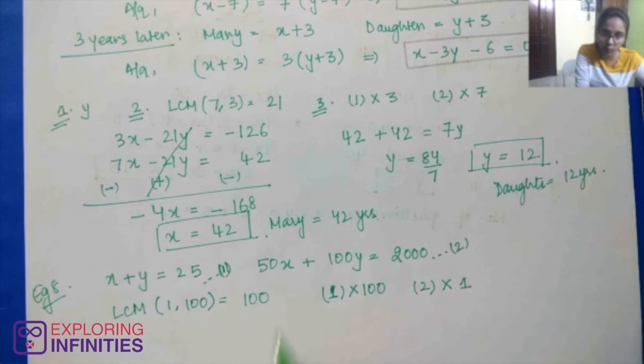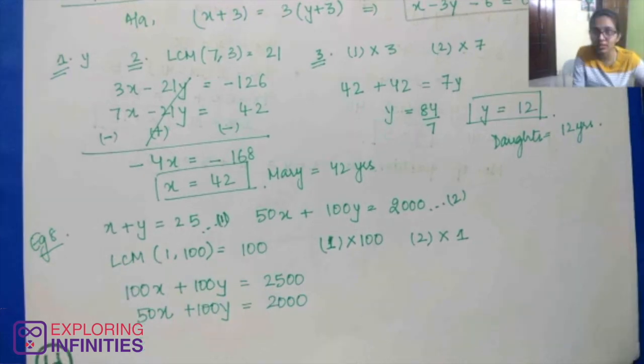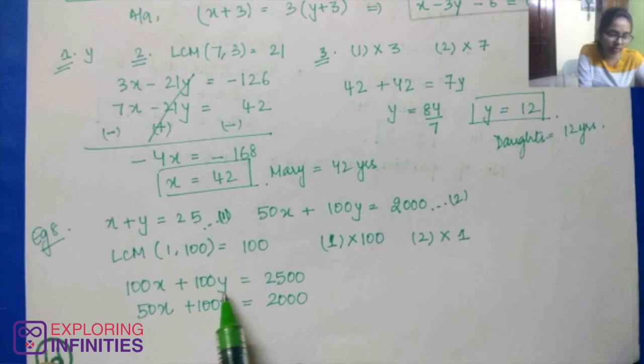I multiply my first equation by 100, I get 100x plus 100y is equal to 2500, and I get my second equation as 50x plus 100y is equal to 2000. So you have multiplied your equations. Now your next step is reversing the signs. You can see my signs for the variable y, plus 100 and plus 100.